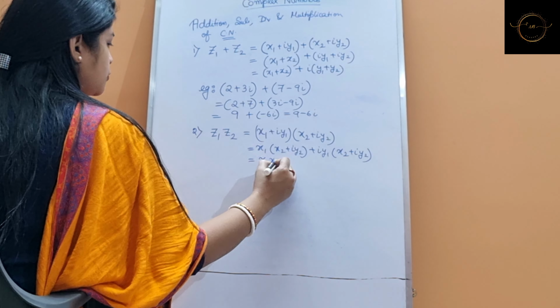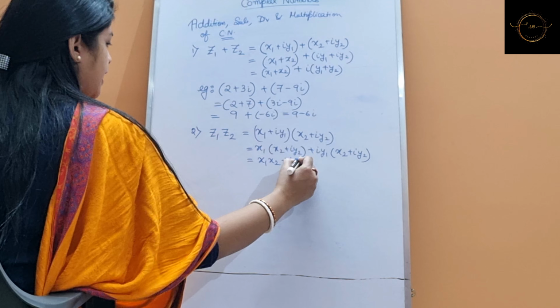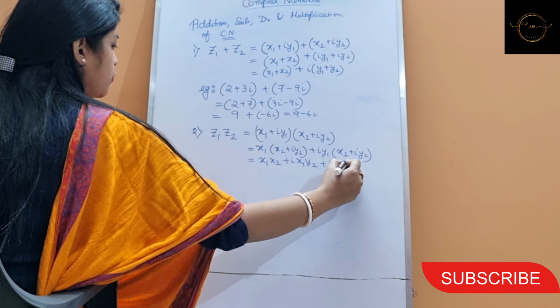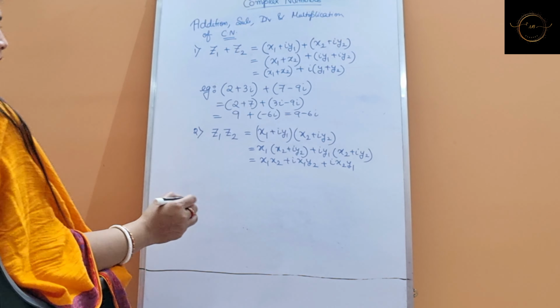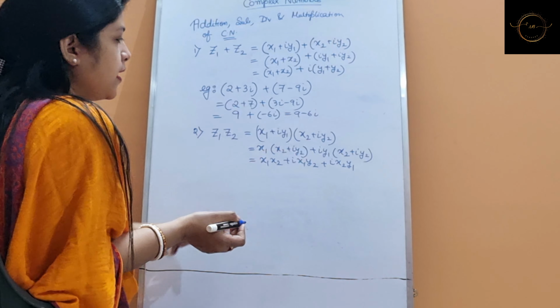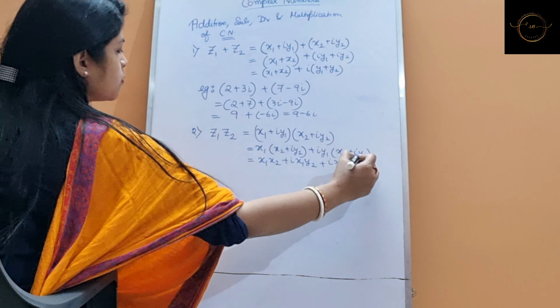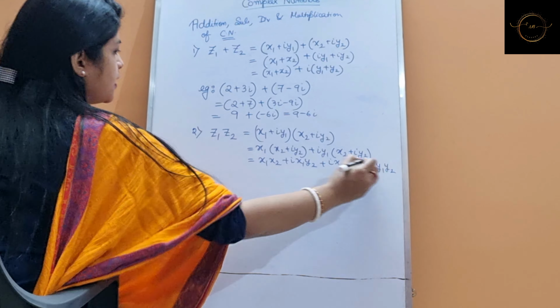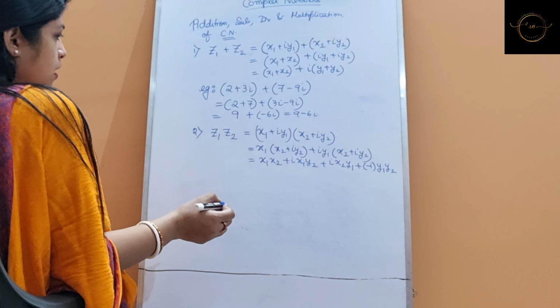Now this is equal to x1 x2 plus i into x1 y2 plus i into x2 y1. This is coming i into i, that is i square. I square is minus 1, so directly I can write minus 1 into y1 y2.